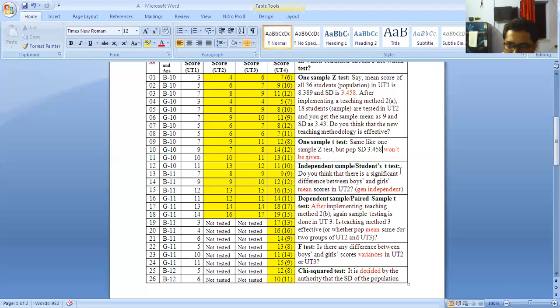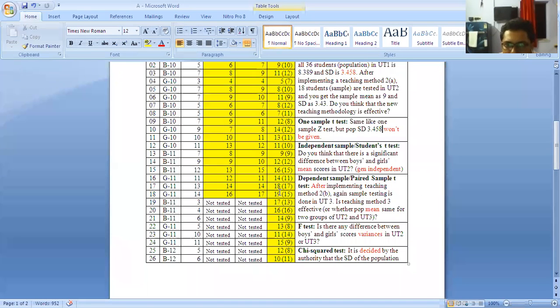That means you are taking samples from two different groups and you are comparing the mean of those groups at sample level in order to conclude about population level difference of mean. So you are implementing here the independent sample or student's T test.